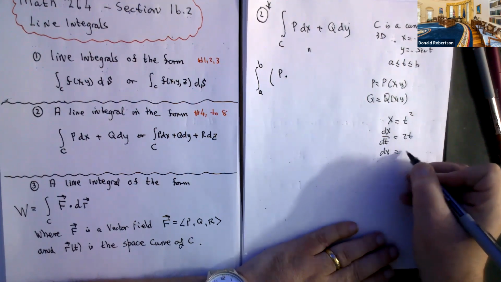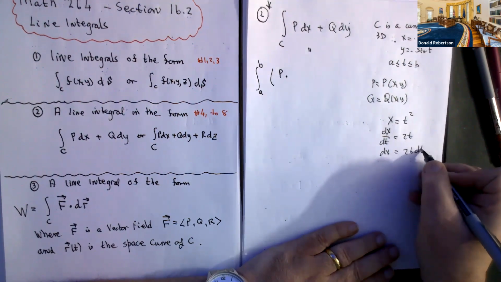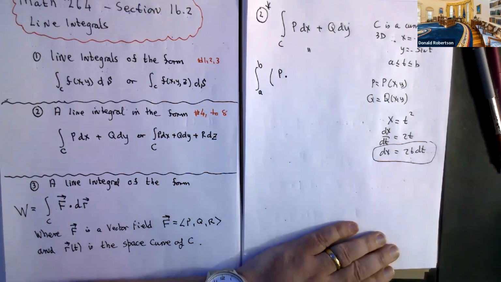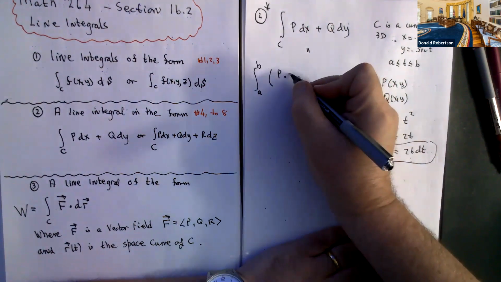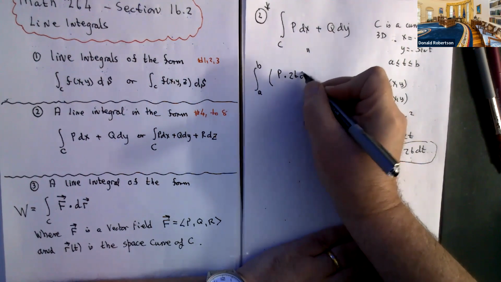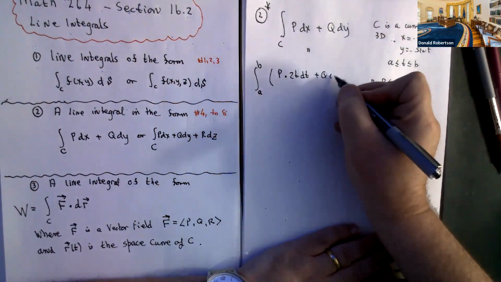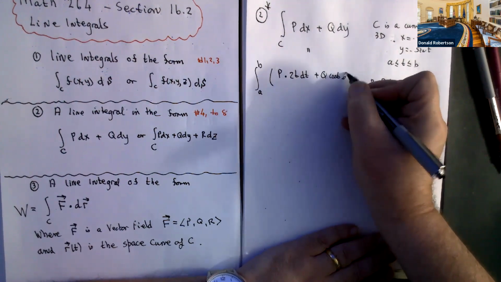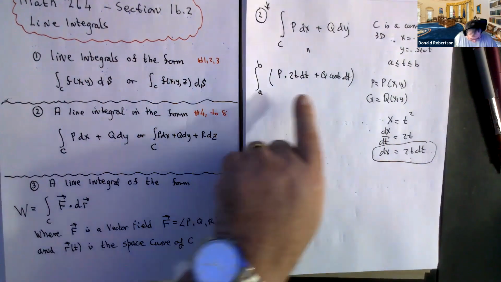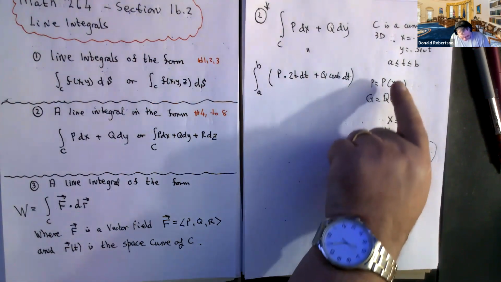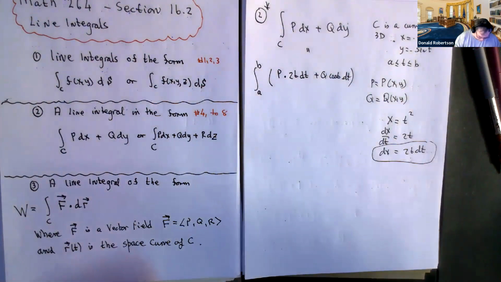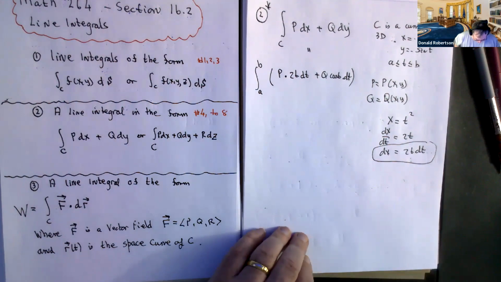And you can then do a crossover. And what you now have is a differential that says dx can be written as 2t dt. And 2y would be that one. You'd get cosine t dt. And P and Q, whatever the x's and y's are, they would also get turned into t's.